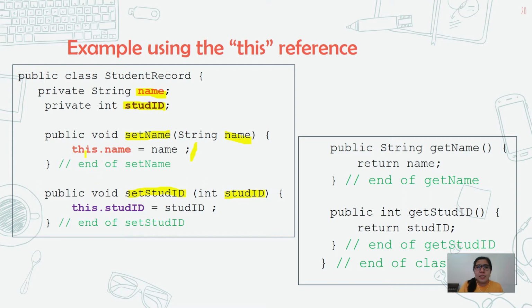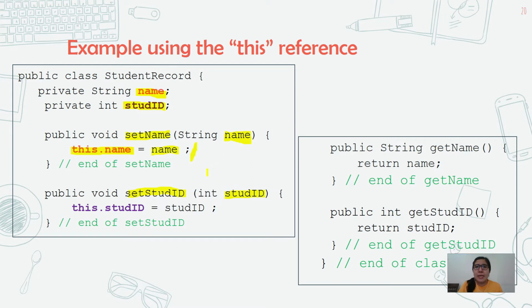So in this example, we have there this.name equals to name. So ang tinutukoy dito na this.name is our instance variable or our global variable declared, while the name that we're referring here is the local variable or those variables or parameters declared in the method. So ito yun.